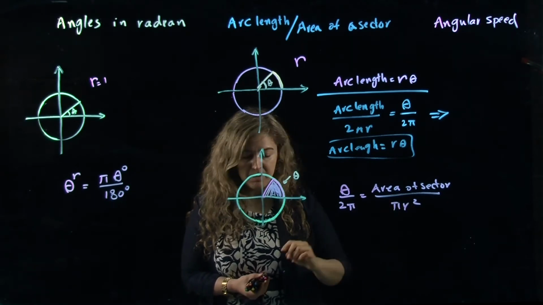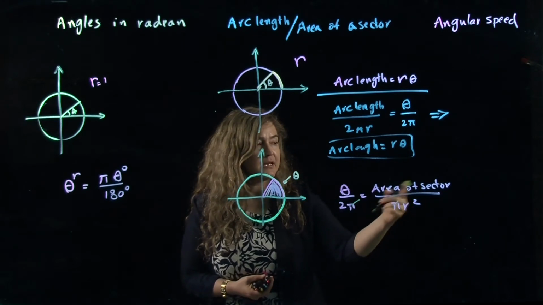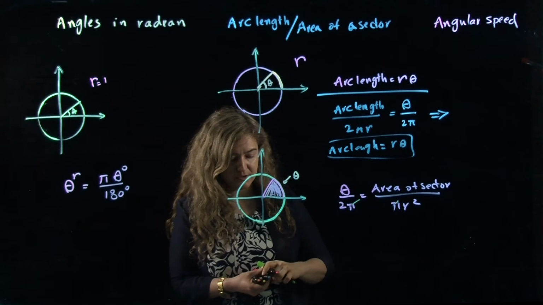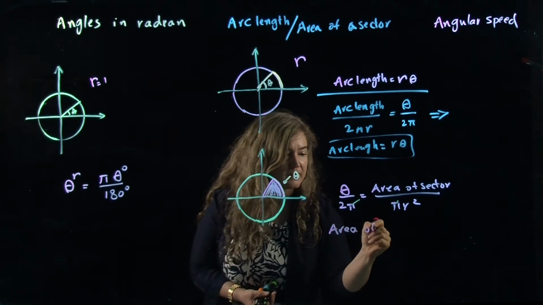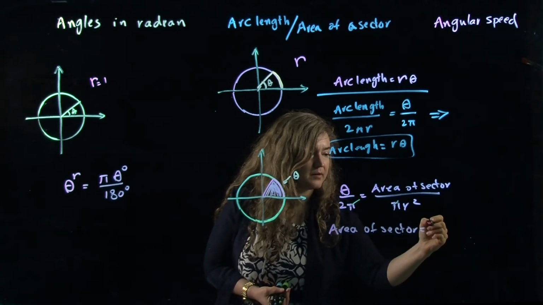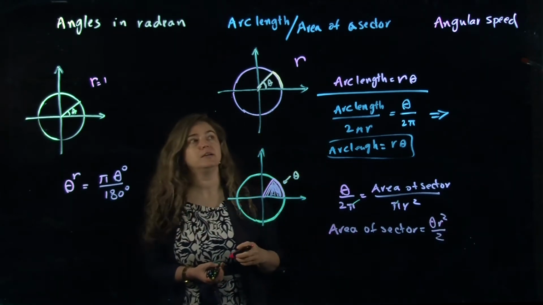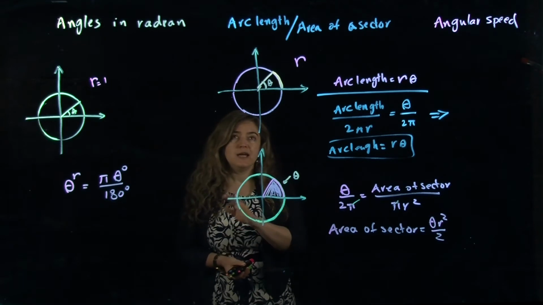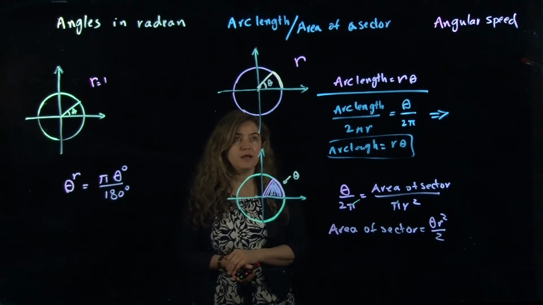Here pi and pi simplify, and then I get area of the sector is theta times r squared divided by 2. Theta r squared divided by 2. So this is the discussion of the angle, the arc length, and area of a sector.